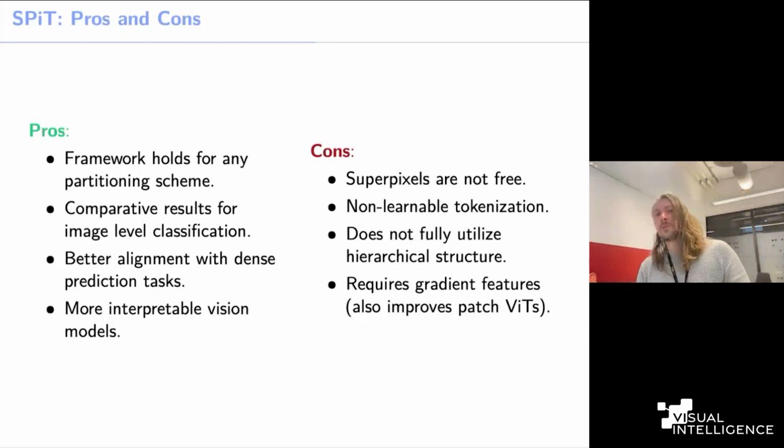So some of the limitations: well, superpixels aren't necessarily free. It costs something to do these computations. However, we managed to keep that cost quite low in this paper, because we're not really learning the superpixel tokenization, which is also a limitation of this first paper that we proposed. Also, we're not fully utilizing the hierarchical structure of the superpixel tokenization.